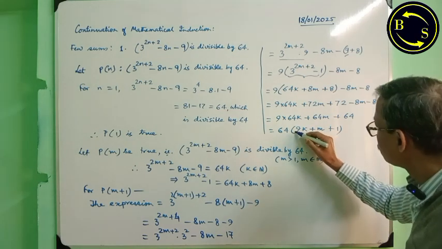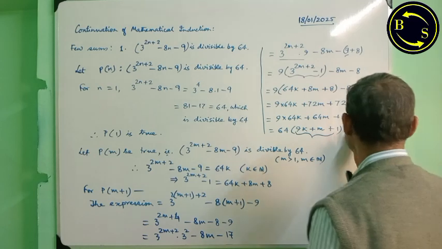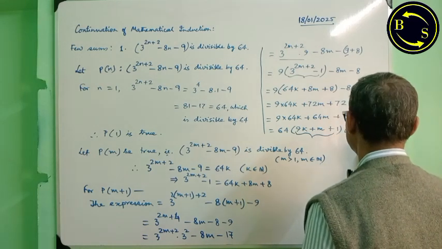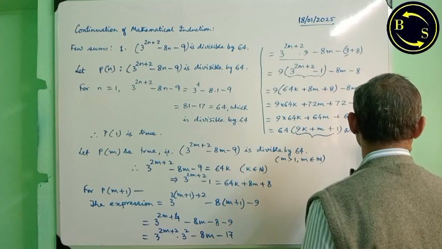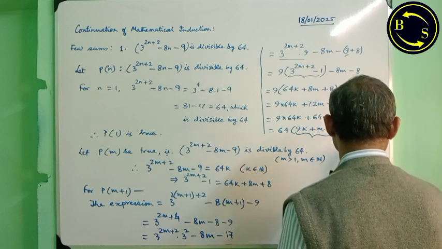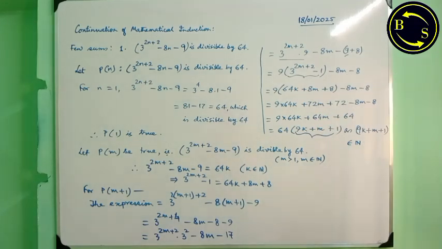Why? Because this one, 9k plus m plus 1, is a natural number.